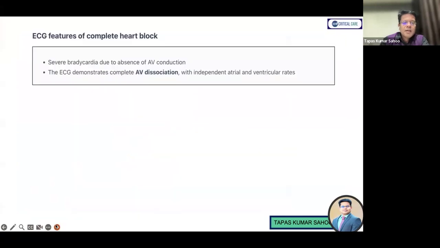Moving ahead, in complete heart block, the ECG feature would normally be severe bradycardia, like in our patient, due to absence of AV conduction, and you would get frank AV dissociation with independent atrial rhythm and ventricular rhythm. That means the atrium would be contracting on its own and the ventricle would be contracting on its own.